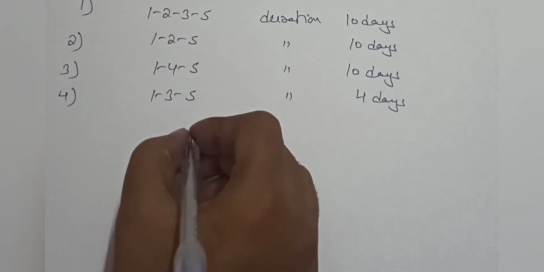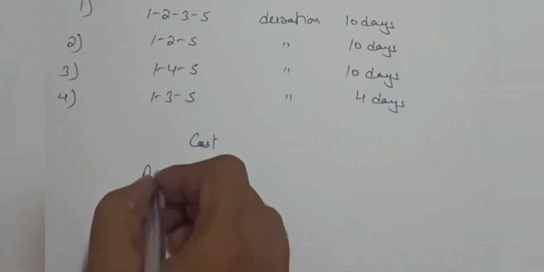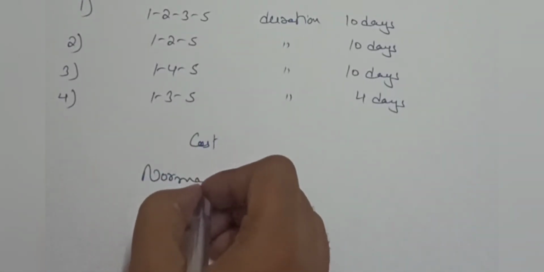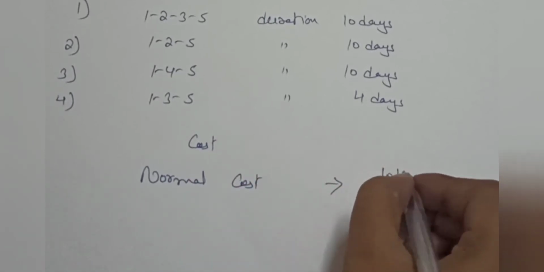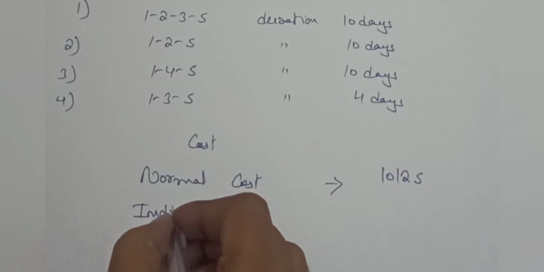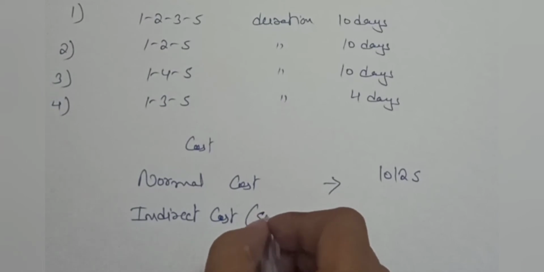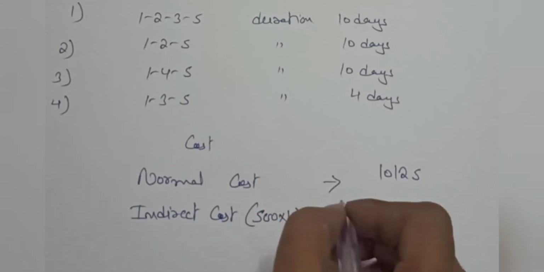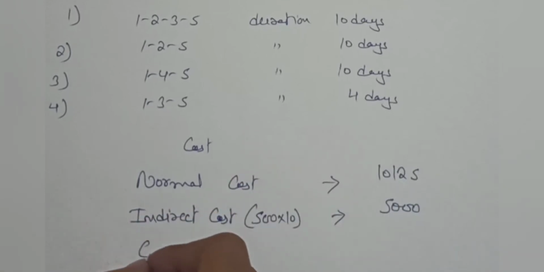Now we will calculate cost for crashing this activity. Our normal cost is 10,125. Our indirect cost for 10 days at 500 per day, so we can say 5,000 is our indirect cost.